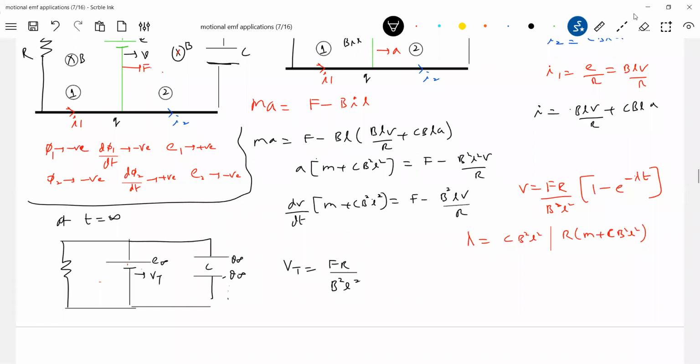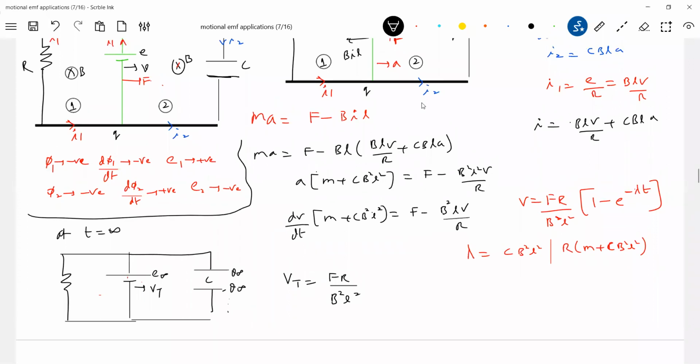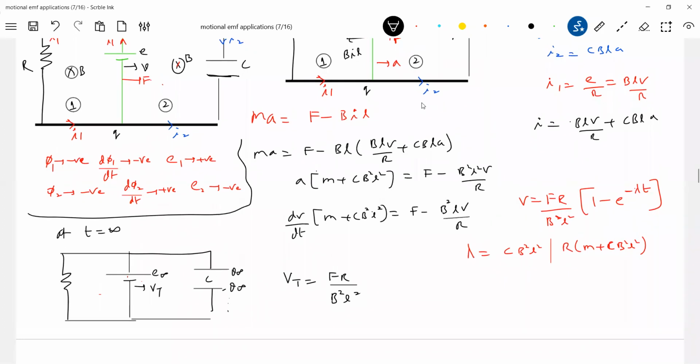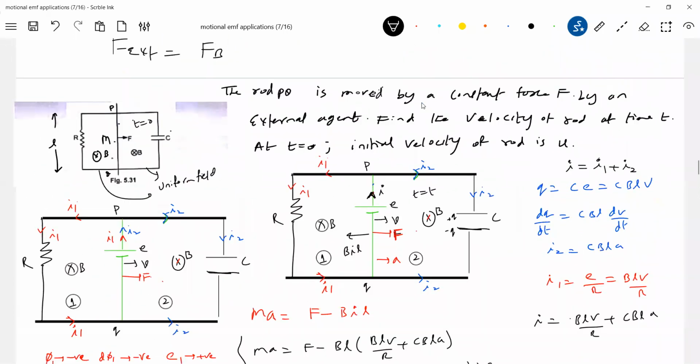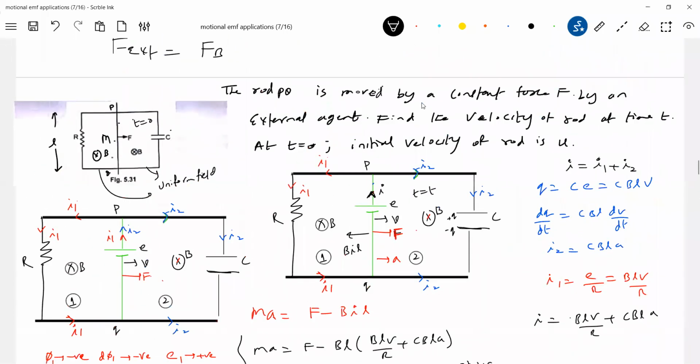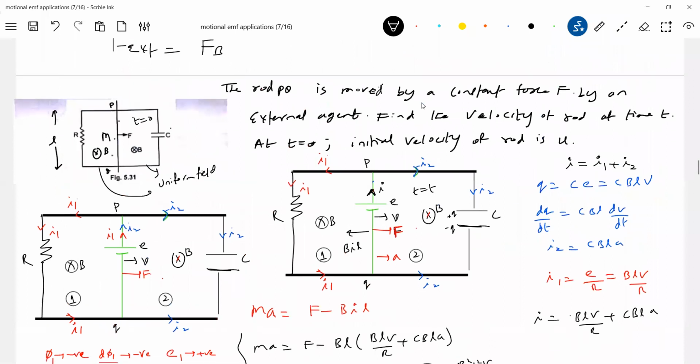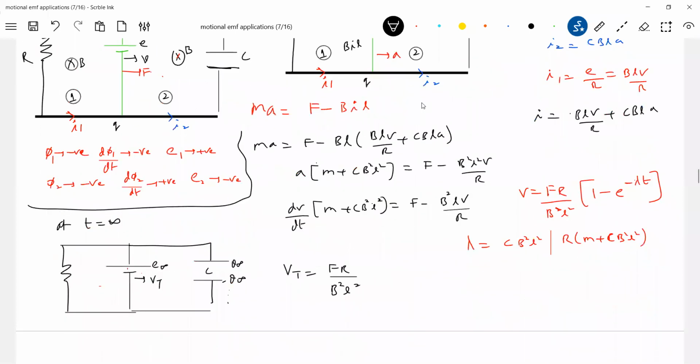Check the expressions. Oh, initial velocity u is there. Oh, I didn't consider that one. Initial velocity of the rod is given. I think I'll remove it because a lot of calculations will come.